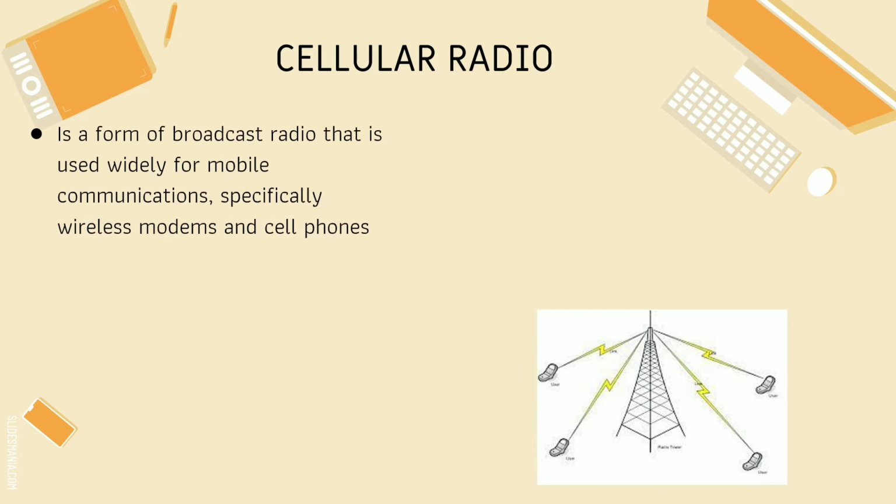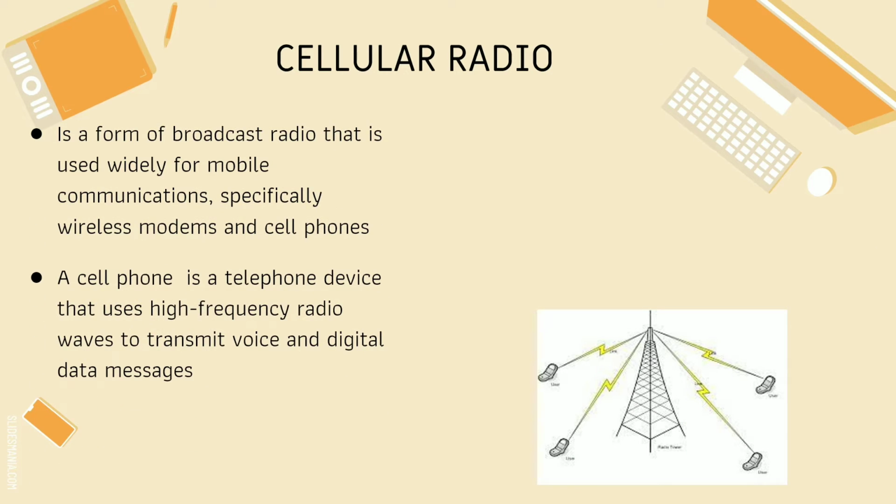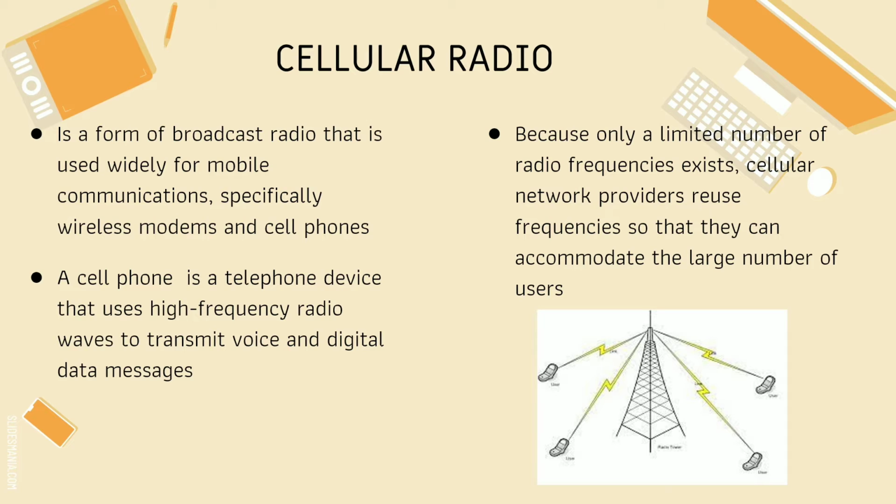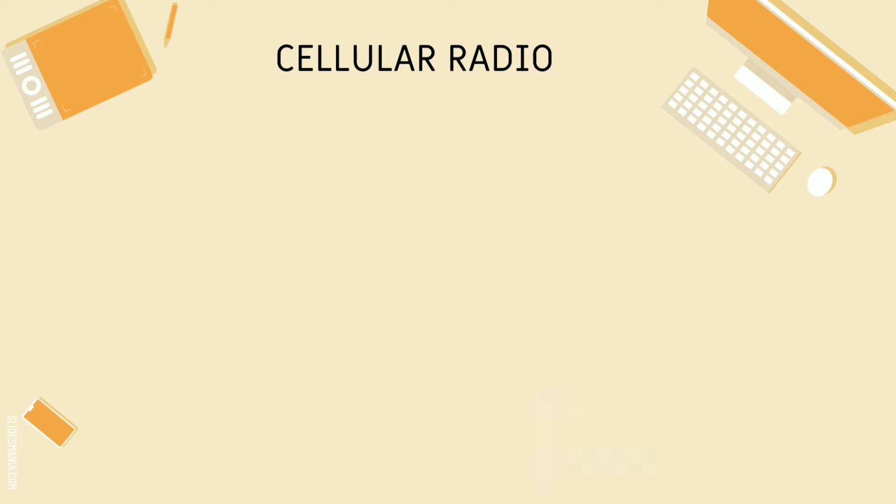Cellular radio is a form of broadcast radio that is used widely for mobile communications, specifically for wireless modems and cell phones. We all know that a cell phone is our telephone device that uses high frequency radio. Because only a limited number of radio frequencies exist, cellular network providers reuse the frequency so that it can accommodate a large number of users.